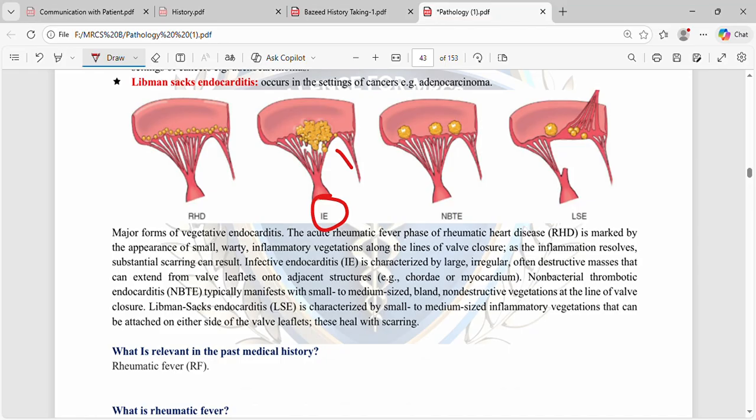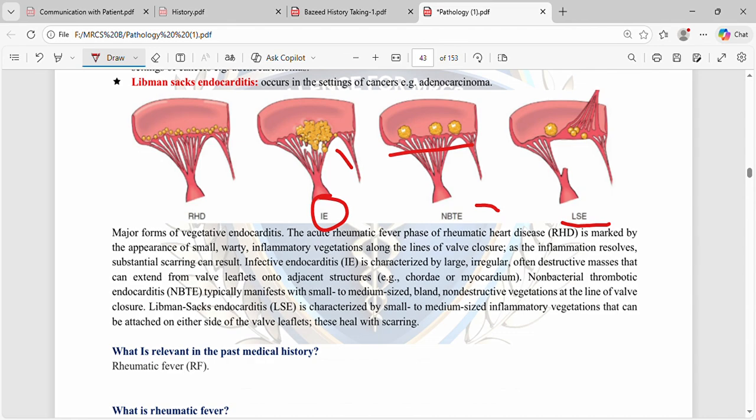In non-bacterial thrombotic endocarditis, they are small and non-destructive and lie just along the lines of valve closure. In Libman-Sacks endocarditis, also small and non-destructive, but they are on both sides of the valves. In rheumatic heart disease, they are also small, warty, inflammatory vegetations along the lines of valve closure. So these are the different variants.